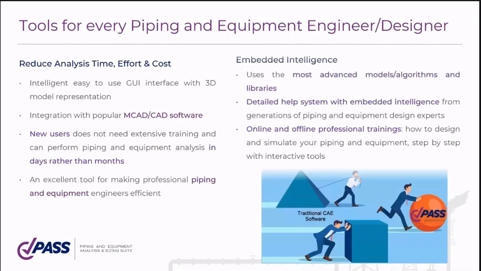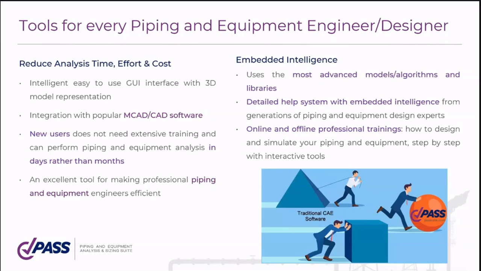So we position our software solution as tools for every piping and equipment engineer and designer, because it combines a very powerful analysis engine, based on the most advanced methods, algorithms, and libraries, both developed ourselves and licensed from third parties, from our partners.